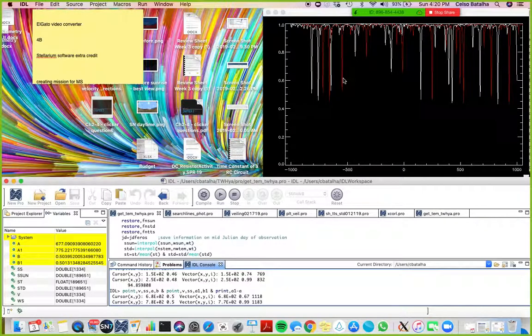You shift the spectra itself, or you use what I did: I just convert the wavelength. I shift my TW Hydra templates in velocity scale by whatever it had before, minus 13 kilometers per second.